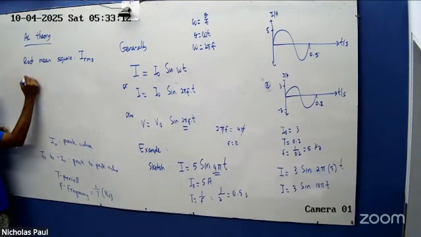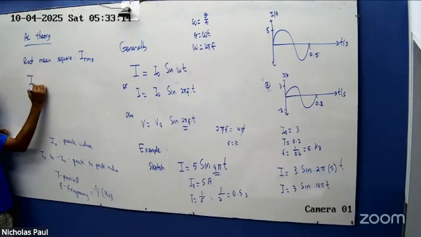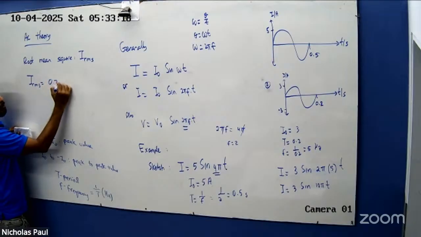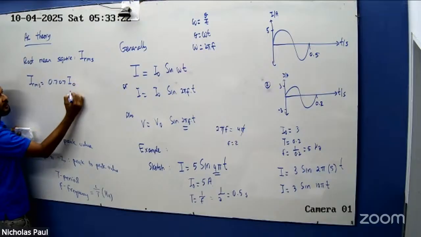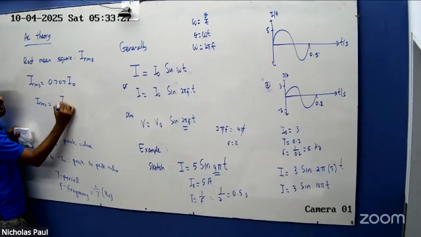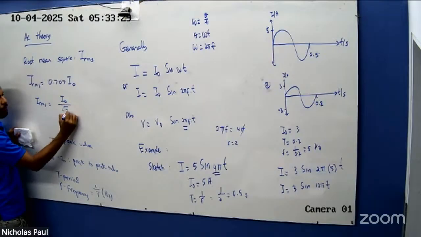Right? So I RMS is equal to, sometimes they use 0.707 I naught, or to not round off, they use I naught on root 2.